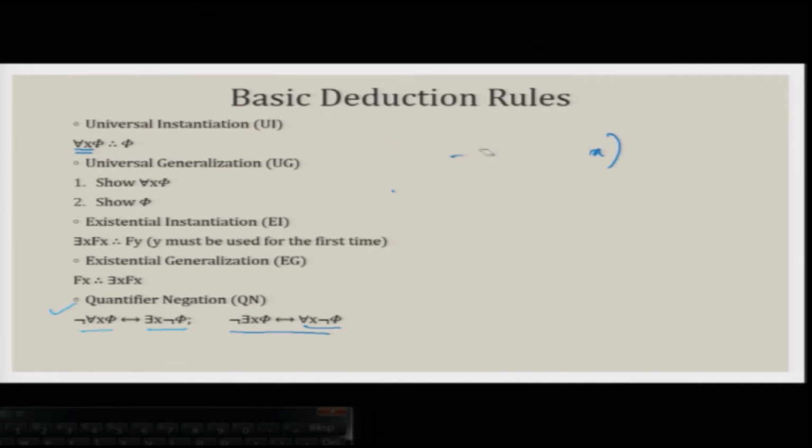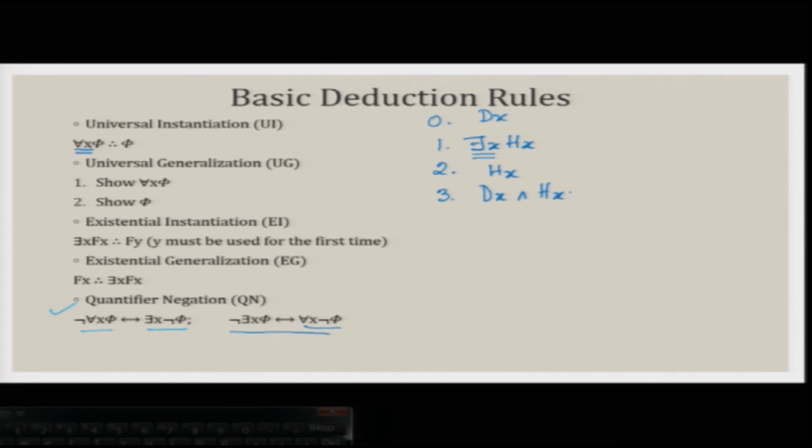And the third one is once again slightly complicated. When somebody tells me that there exists at least one human, how do I get rid of it? How can I say that x is a human? The problem is, if somewhere in the previous steps I knew that also x is a dog, and I just conclude h x, then I will have trouble, because then anybody can say d x and h x.